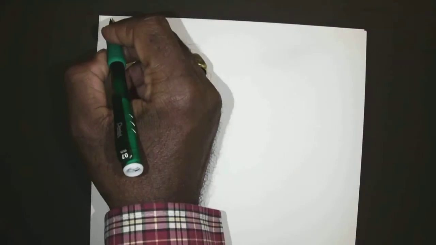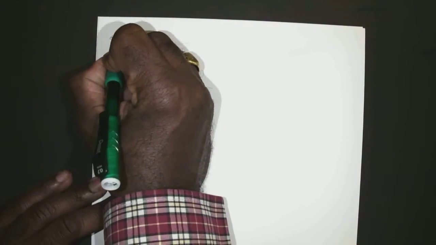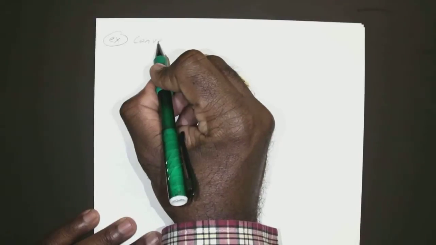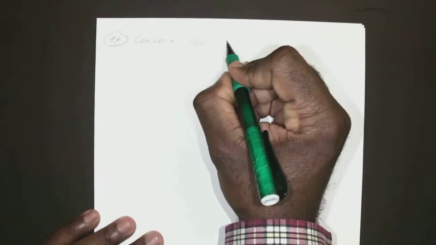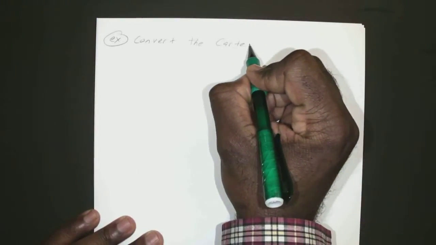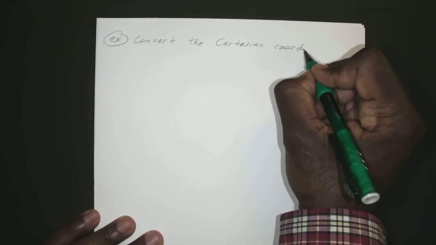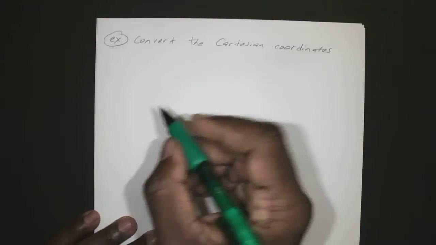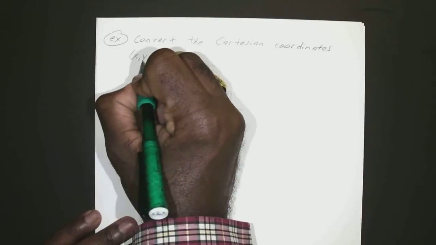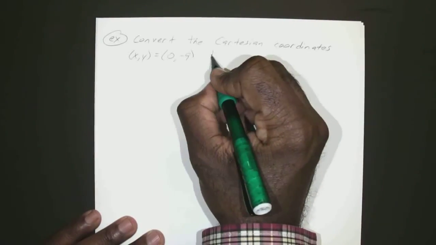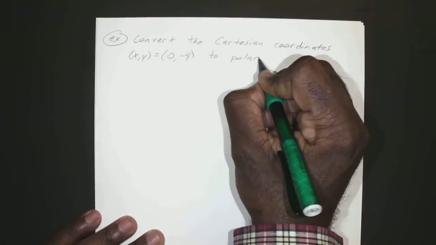So, say for example, say if we wanted to convert the Cartesian coordinates xy equals 0, -9 to polar coordinates.